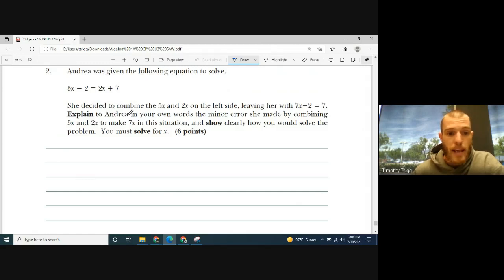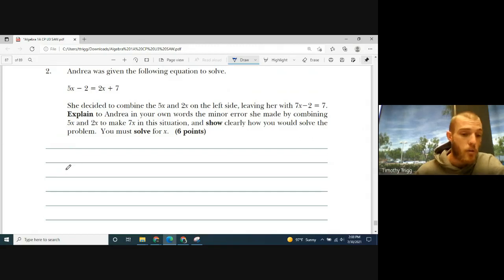Explain to Andrea in your own words the minor error she made by combining 5x and 2x to make 7x in this situation, and show clearly how you would solve the problem. Her problem, and you would want to say this in a sentence, is basically how I explained: she cannot combine the 5x and 2x because they are on opposite sides of the equation.